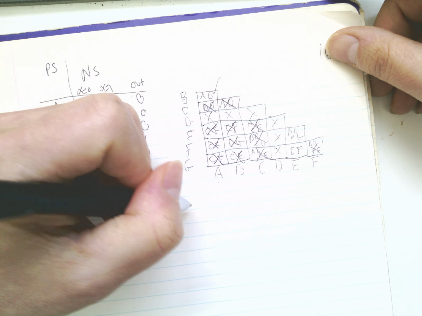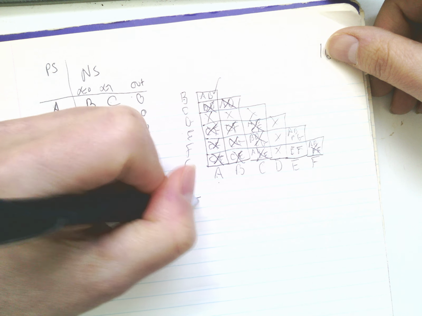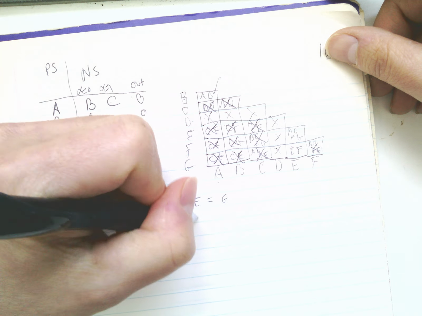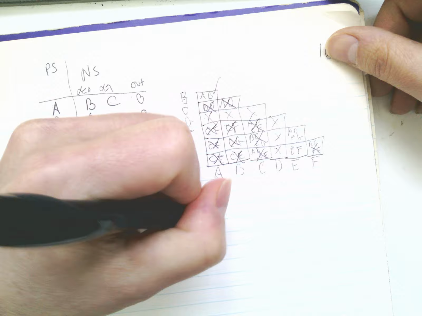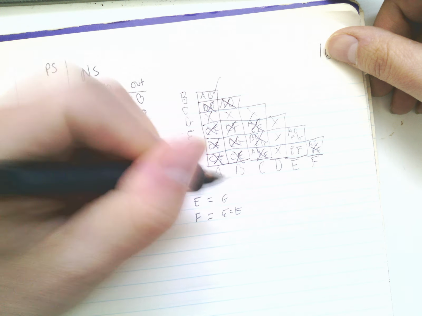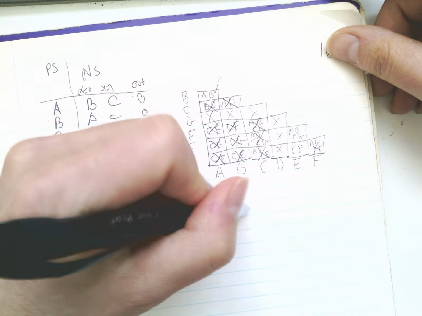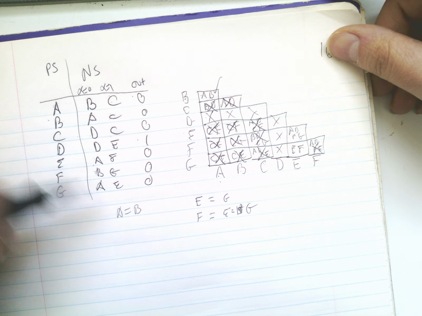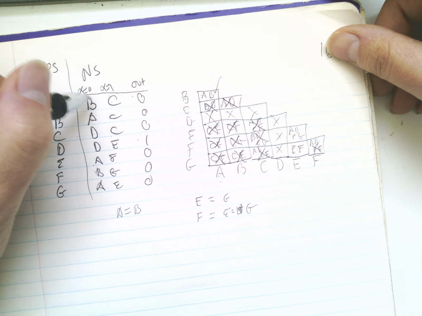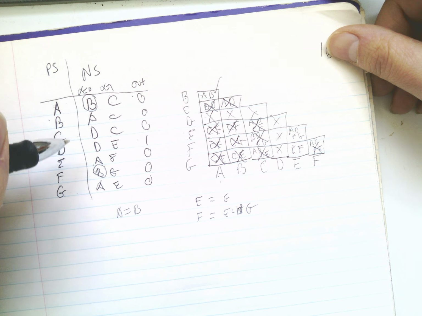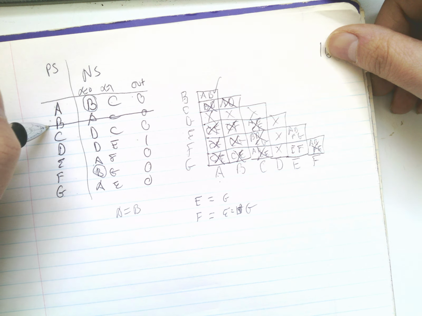So what do we conclude from this? Well, we conclude that E must be equal to G, and we also conclude that F must be equal to E. And we know that E equals G, so that must also be equal to E. So F equals E equals G, and A is equal to B. So what that says to me is anywhere I see a B, I can write out an A. Anywhere I see a B in a row, I can cross it out.